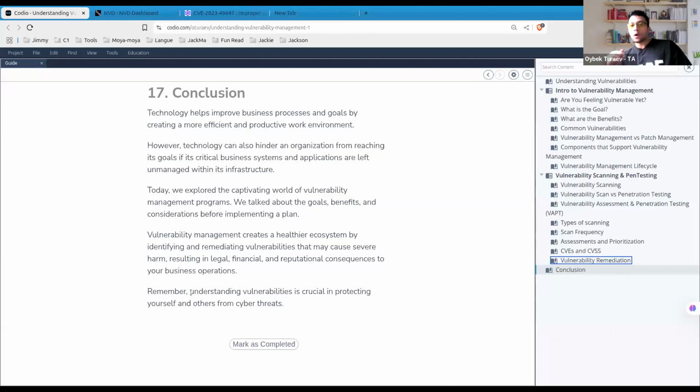To be one step ahead of them in advance, we need to have a proper defense environment, and vulnerability management is one of the key items on our list.